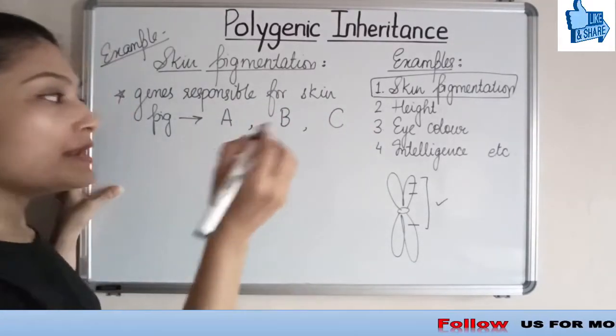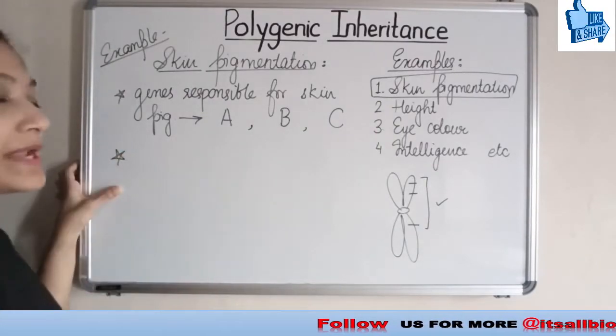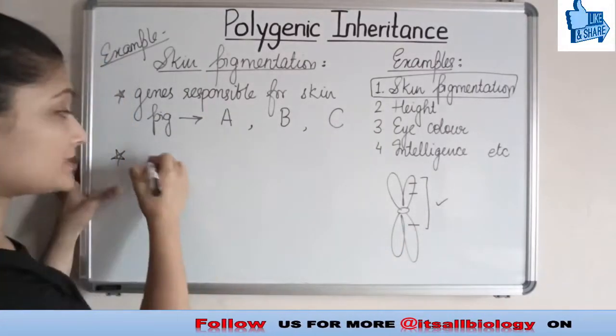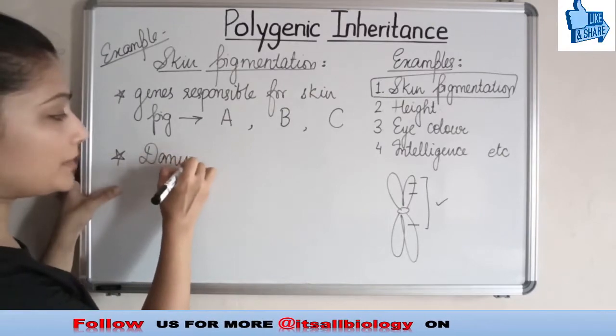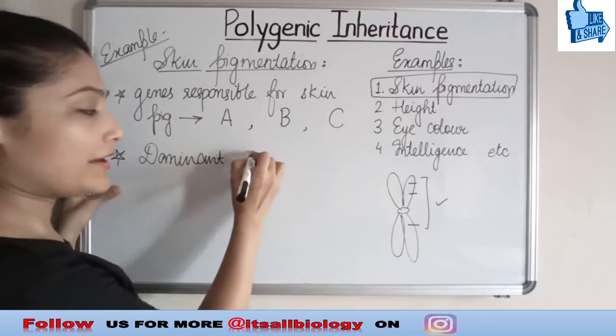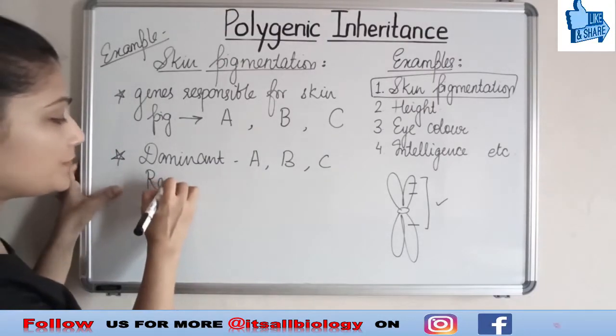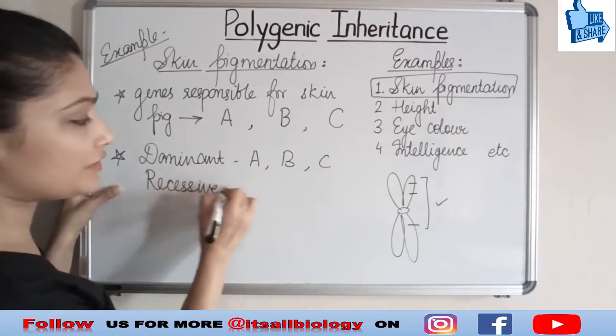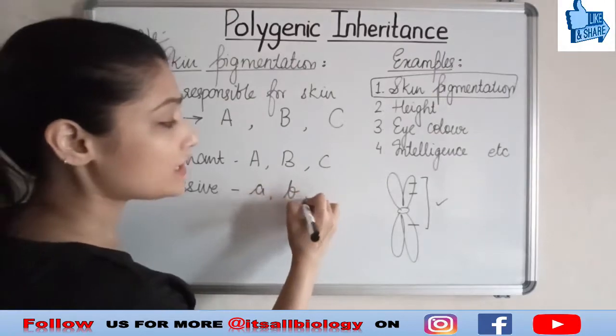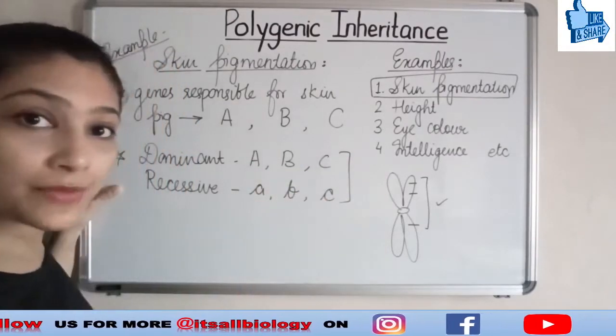Now they could be present in 2 forms. Either they could be dominant, representing it like this, or they could be recessive. We can represent them like this. This you have to remember.